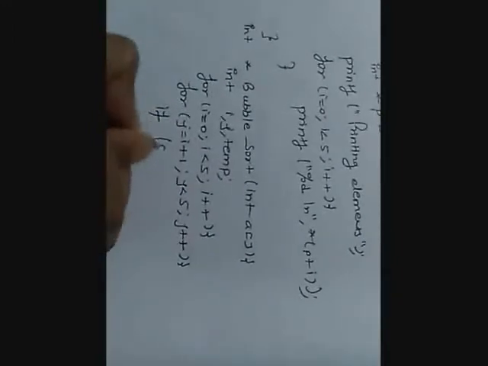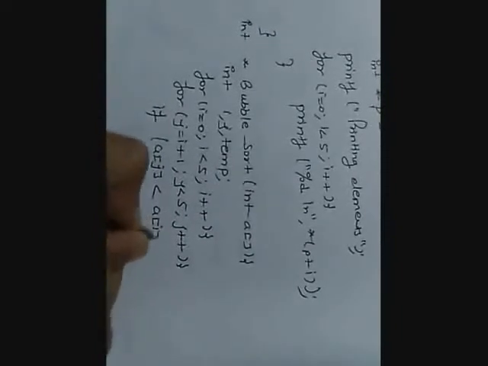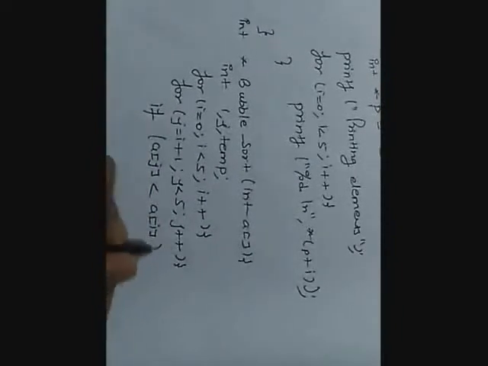If a of j is less than a of i, then temp is equal to a of i, a of i is equal to a of j, and a of j is equal to temp.